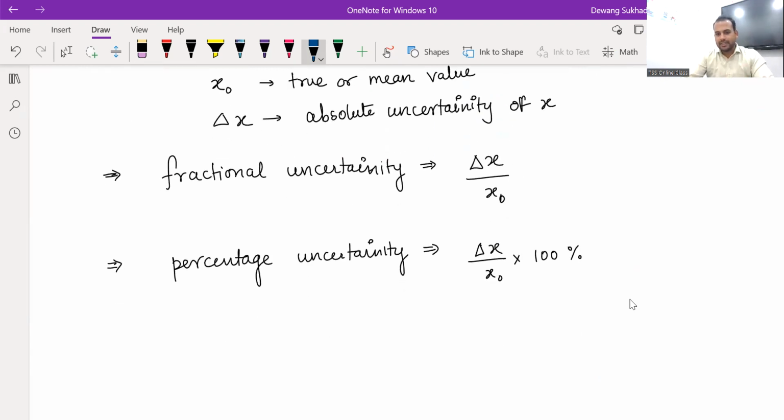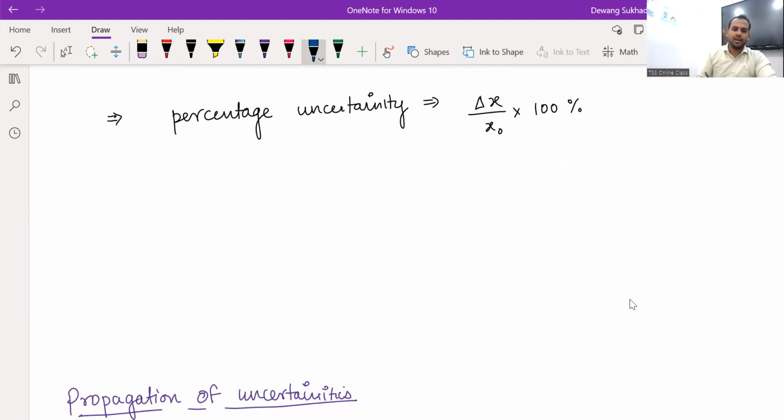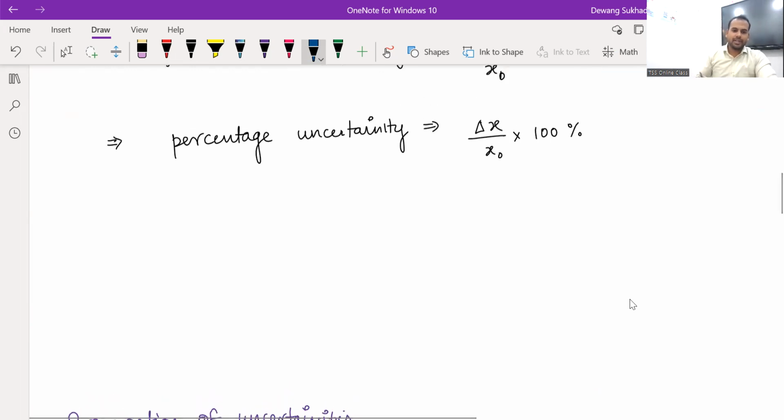Percentage uncertainty is also written like this: we just multiply it by 100 and we get the percentage uncertainty. Now, if the data is given in the form of, let's say, some measured values of x, like this.